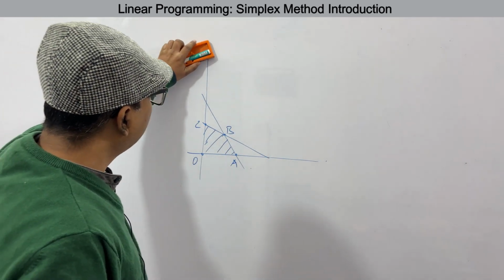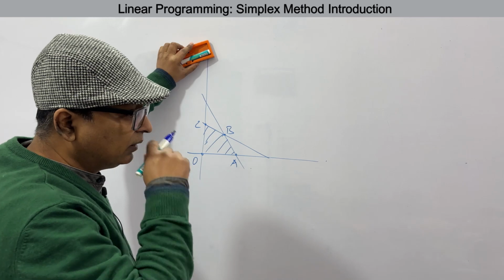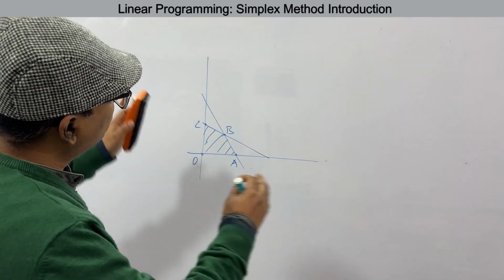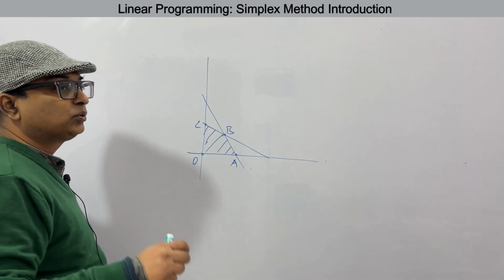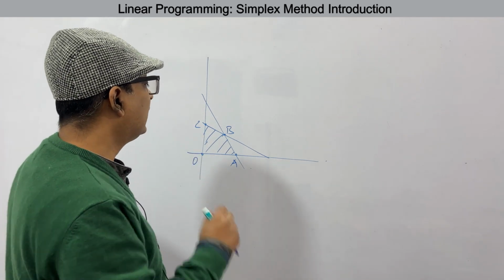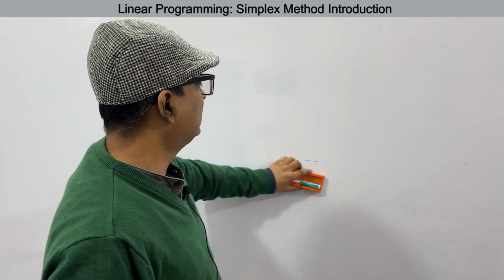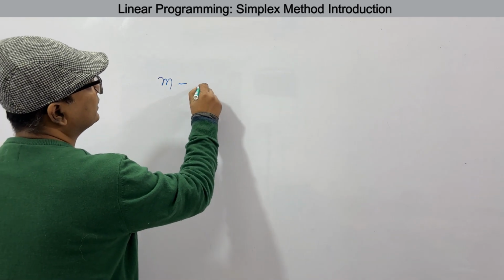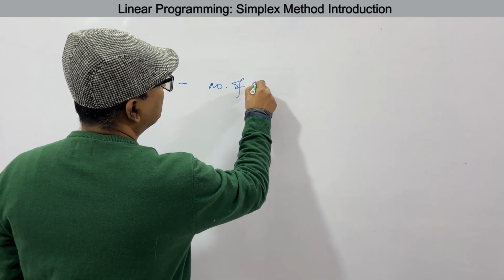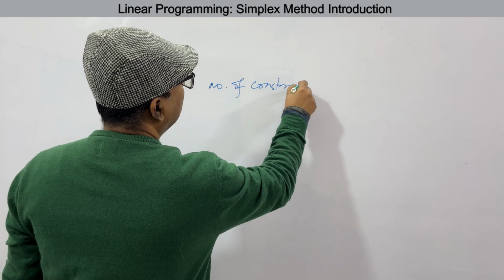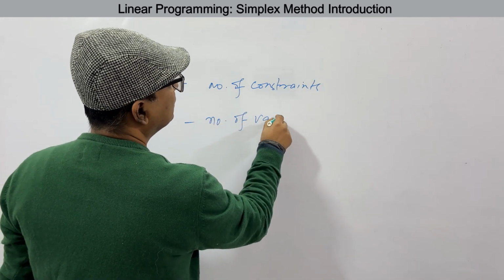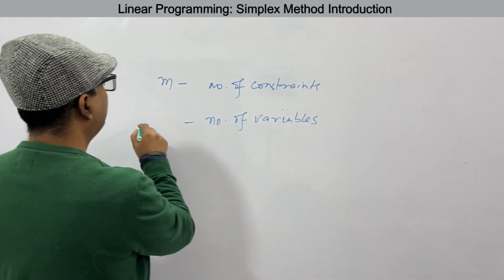So in the simplex method, the idea is that we reduce the infinite number of solutions to a certain number of solutions. How? Try to understand the first part. Let's say we have m number of constraints, and the number of variables is, let's say, m plus n.